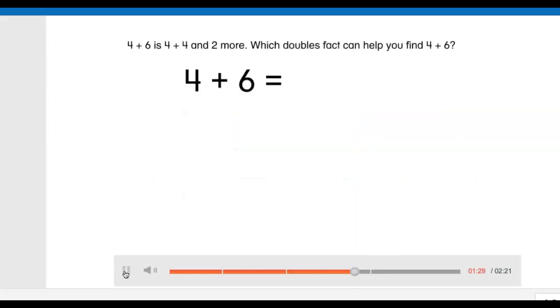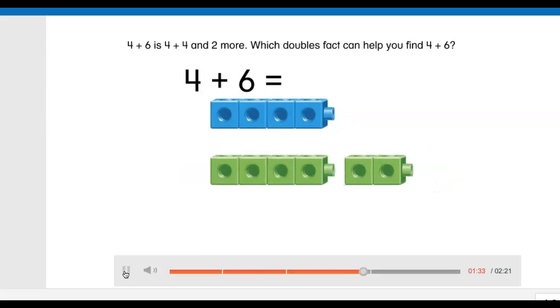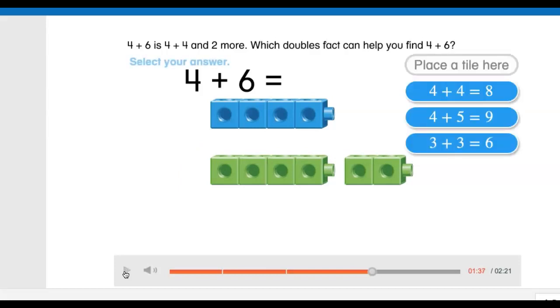4 plus 6 is 4 plus 4 and 2 more. Which doubles fact can help you find 4 plus 6? Select your answer. So it says 4 plus 6 is 4 plus 4 and 2 more.